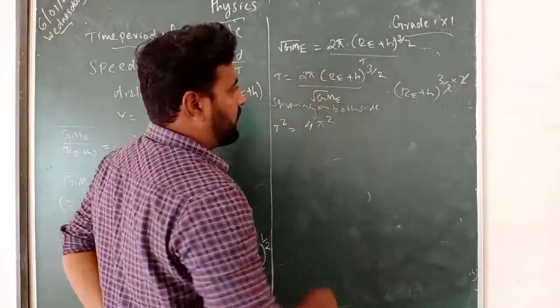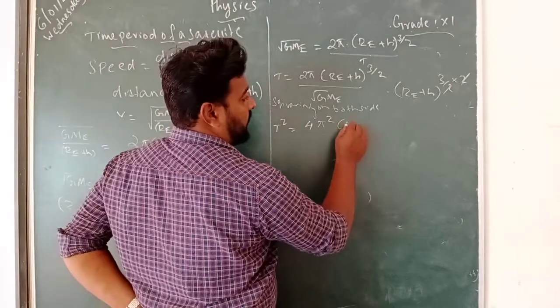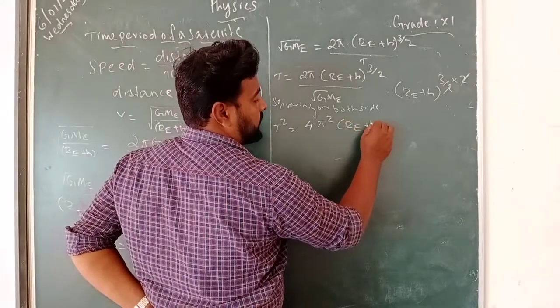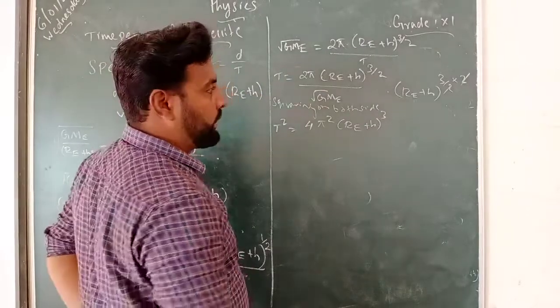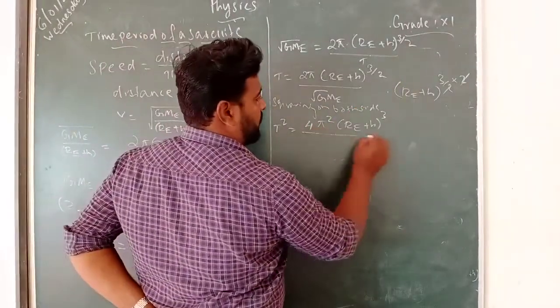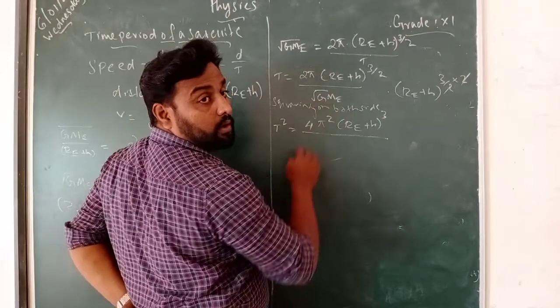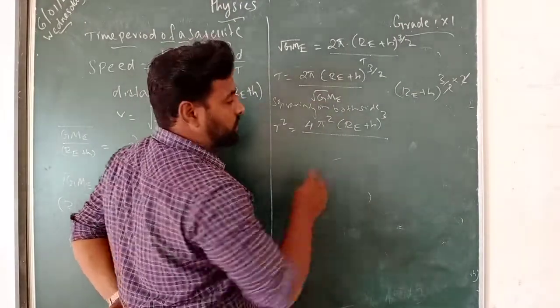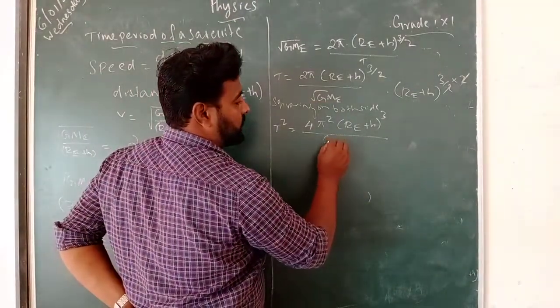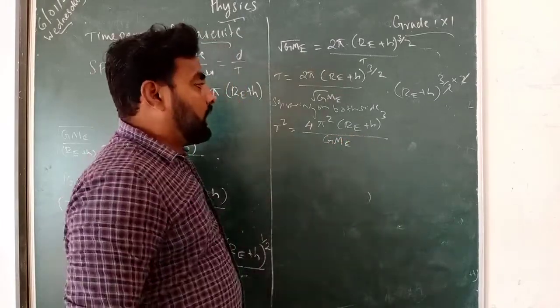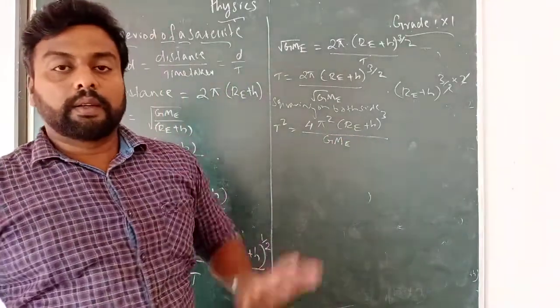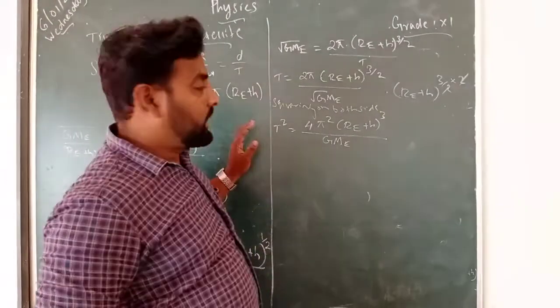What will remain? (R_E plus h) the whole cube will remain. The power value 2 cancels, and for this root of GM_E, when we square, the root will change. So GM_E it becomes. This is the time period for the satellite.